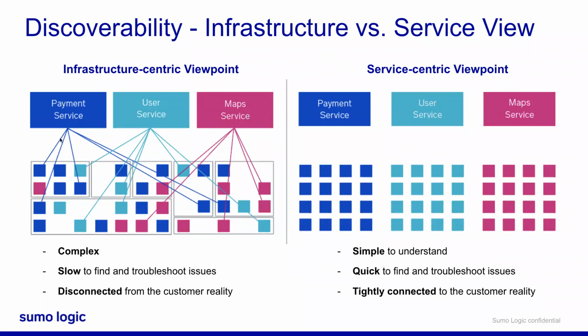Importantly, because all of these pods are distributed across the various nodes, if you're sorting things through an infrastructure-centric viewpoint, it's very difficult to find what you're looking for. It's complex, it's slow, it's hard to troubleshoot, and importantly, it's disconnected from the customer reality, be that your internal customers or your external customers. Now, the service-centric viewpoint gives a bit more order to things.